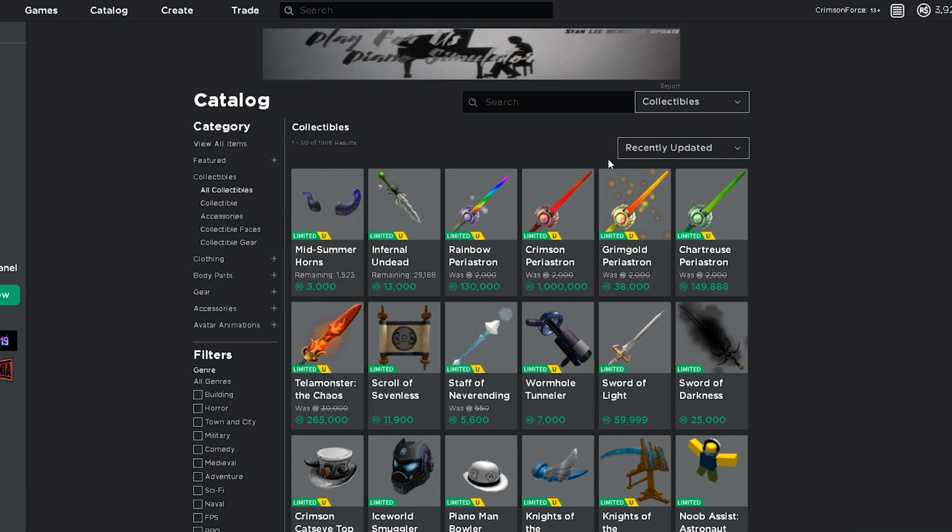The reason for that is there's less to go around for everybody, and overall the total value of each of these items has gone up over time, which in turn allows Roblox to make more money because they sell more Robux that way.